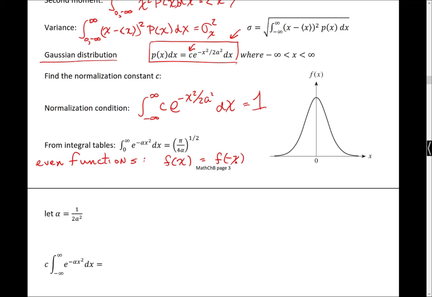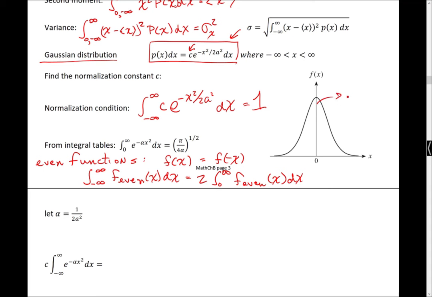All right? So if that holds true, I have an even function. All right? And what we can say for an even function is that the integral from minus infinity to infinity of f even of x dx is equal to 2 times the integral from 0 to infinity for that even function. All right.